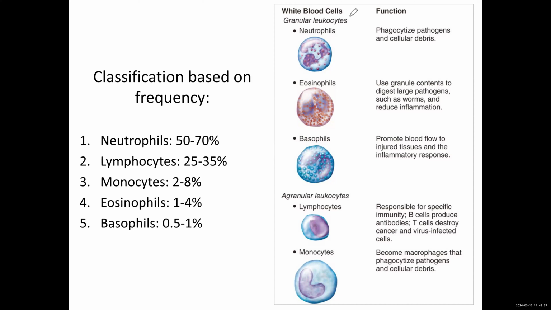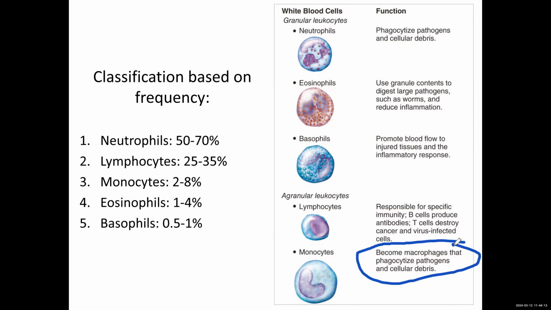Those are called granular leukocytes, because if you look inside, the cytoplasm has visible granules. And we have agranular leukocytes, whose cytoplasm doesn't have visible granules: lymphocytes and monocytes. Lymphocytes are responsible for specific immunity, and we have 2 types: B cells that produce antibodies and T cells that destroy cancer and virus-infected cells. Monocytes become macrophages that phagocytize pathogens and cellular debris.